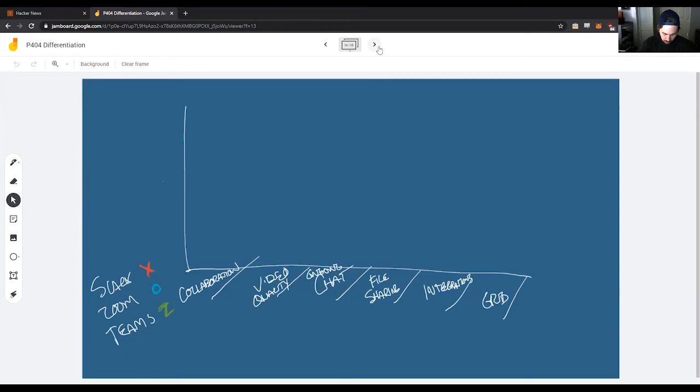So collaboration, when we talk about collaboration, we're talking about you and I working across a business day on a specific project. Slack, I think, has been seen as the king of collaboration for a long time. And specifically here, we're going to take a step back from file sharing and things like that, because if you look at it, Teams is going to win out on file sharing, only because it's really solidly integrated with the Microsoft Office suite.